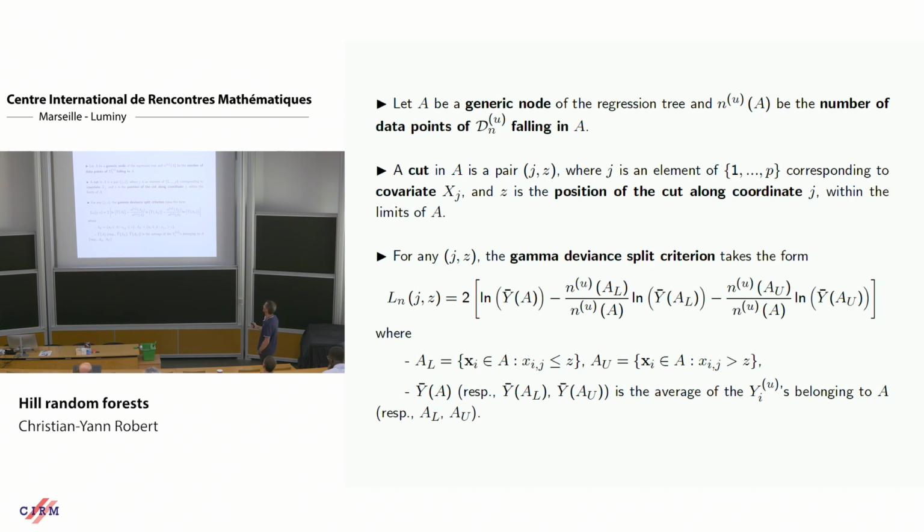So how does it work? You have a specific node A, and you split this node into two subnodes, A_L and A_U. To do that, you first choose a covariate with index j, so x_j, and then a position to decide if your covariate is larger or smaller than this split value.